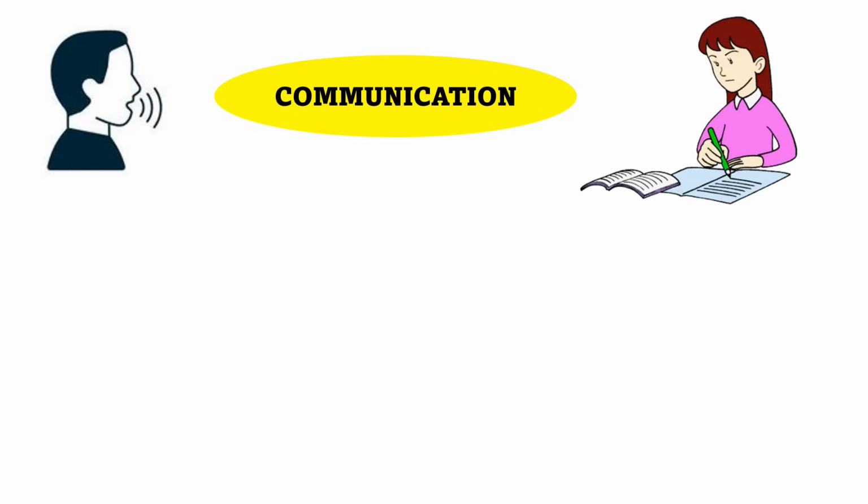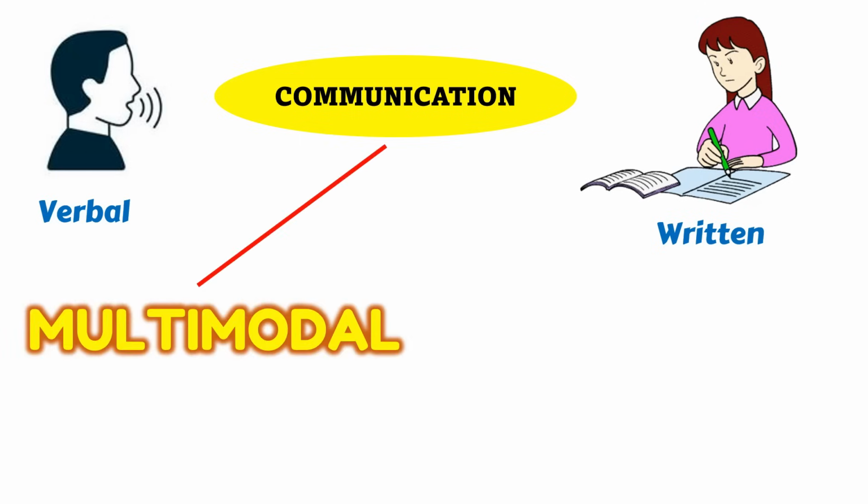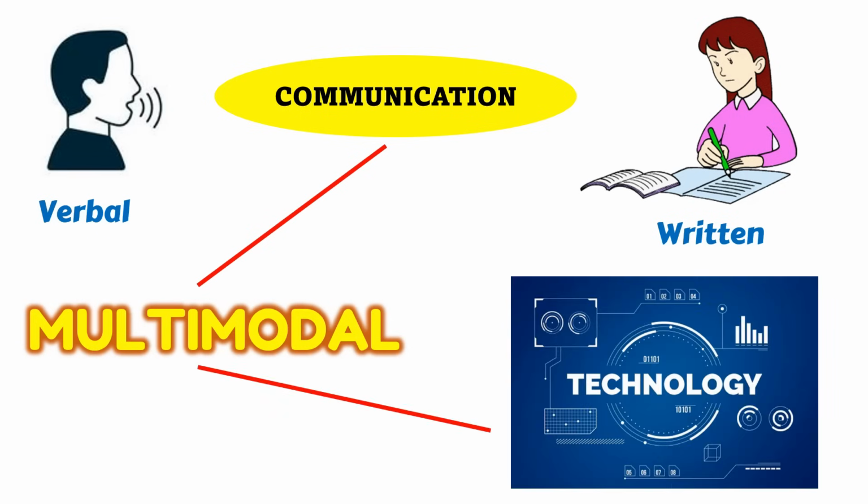Communication is not only relaying messages through voice and letters. It does not limit its purpose to verbal and written text. Communication uses multimodal. When technology came into this world, different modes of communication came to existence. They are called multimodal.